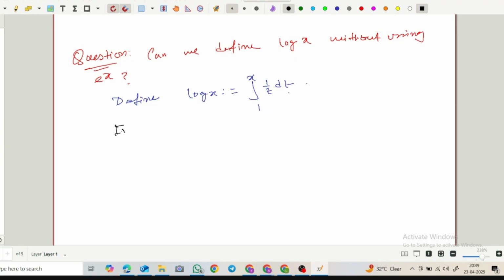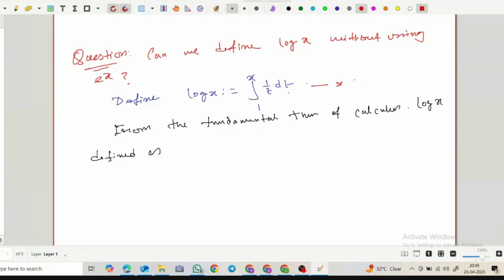From the fundamental theorem of calculus, log x defined as double star is differentiable.